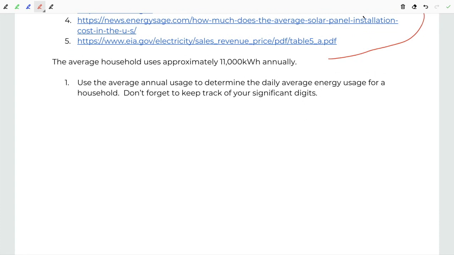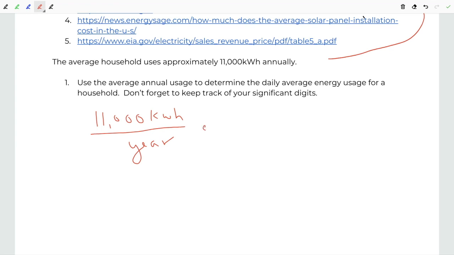So what we're saying is we have 11,000 kilowatt hours per year. And what we want to do is find out how many kilowatt hours per day that is.